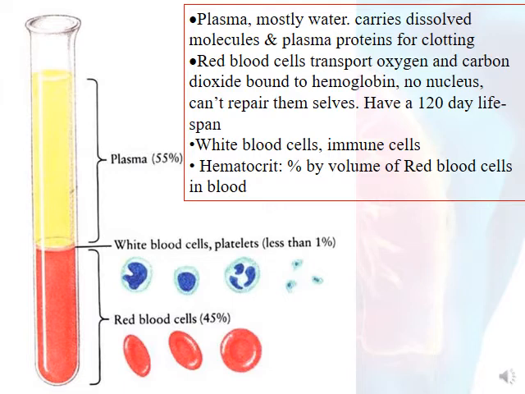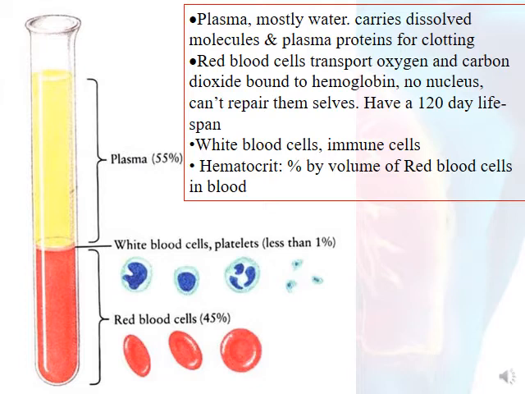Red blood cells transport oxygen and carbon dioxide. They are bound to hemoglobin. They contain no nucleus. They are called anucleated cells. They can't repair themselves. They have a lifespan of about 120 days.